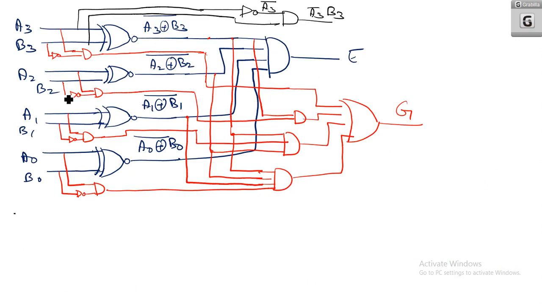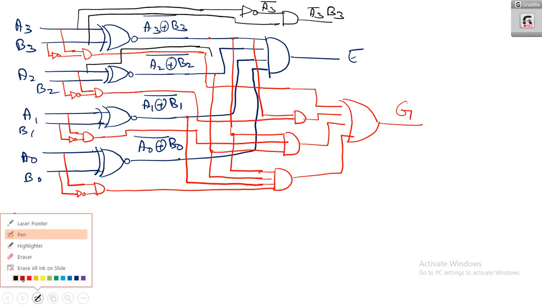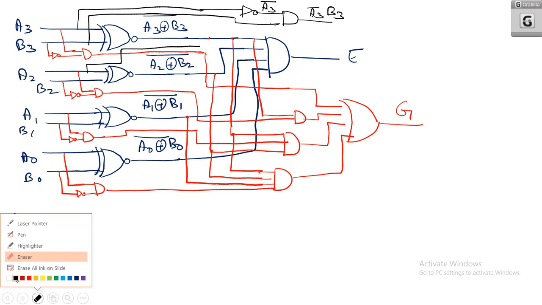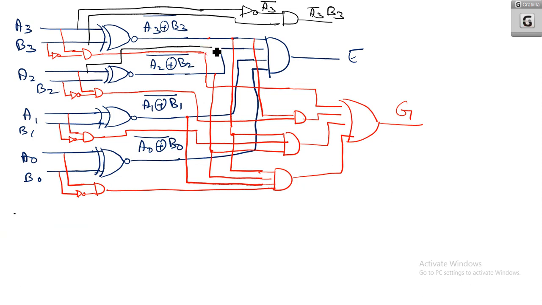Now coming into the next term, that is A3 XNOR B3, A2 B2 bar. A2 is here. I will take it to the top. A2 bar B2, right? So B2 is coming here.